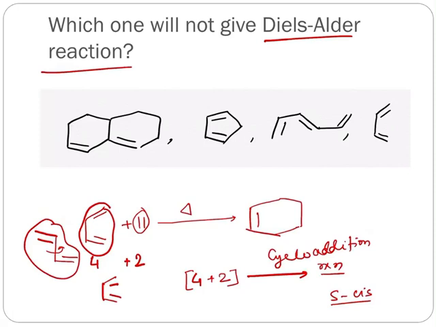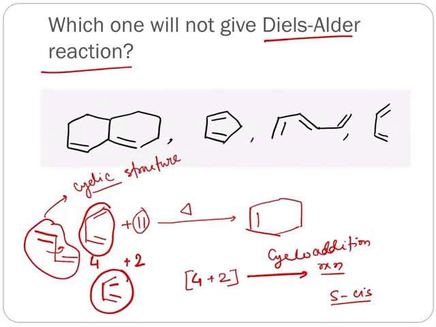But if it is in a cyclic structure, then this will not give the cis structure and it will not participate in Diels-Alder reaction.